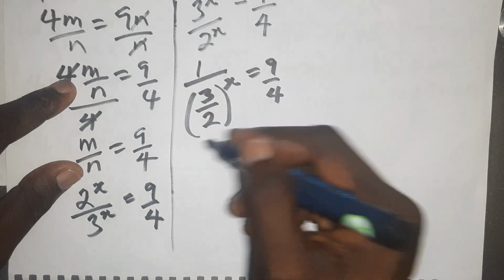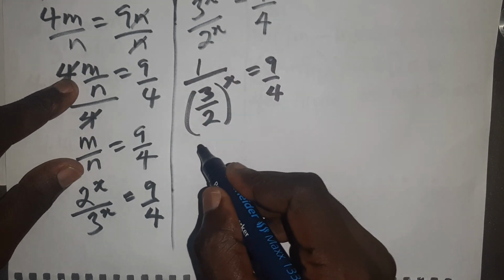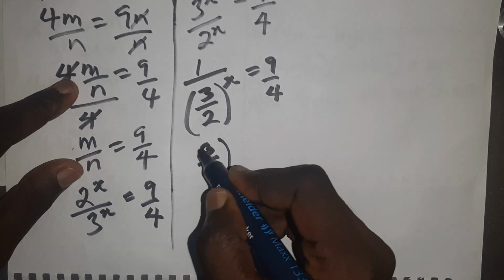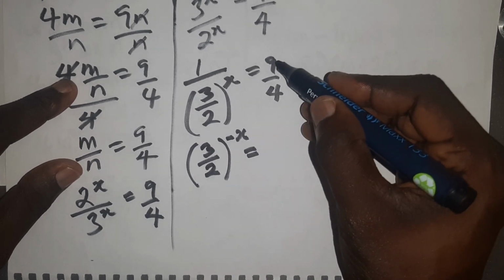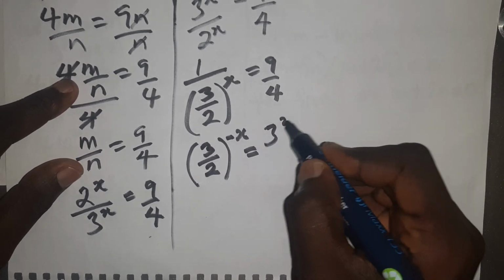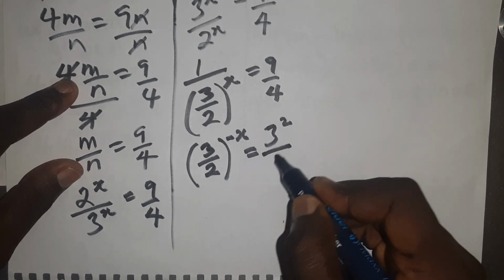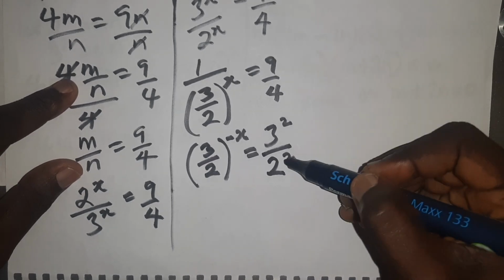And then, of course, following the laws of indices, we now have it as 3 over 2 raised to the power minus x equals, this one can be written as 3 over 2 raised to the power 2 also, because 9 is 3 raised to the power 2 and 4 is 2 raised to the power 2.